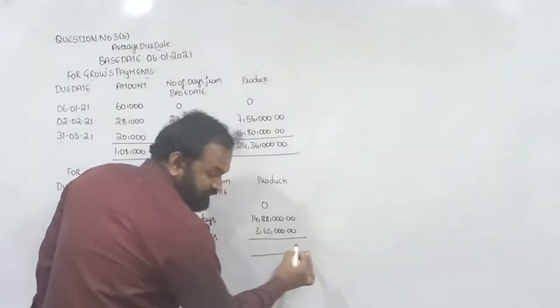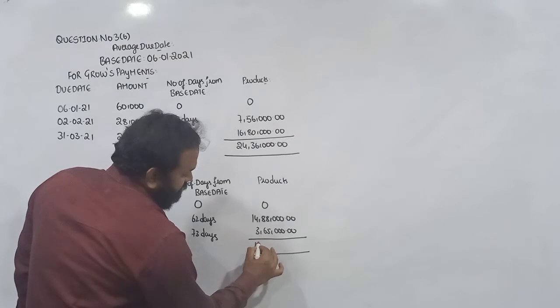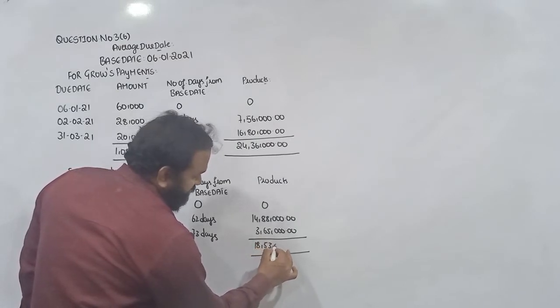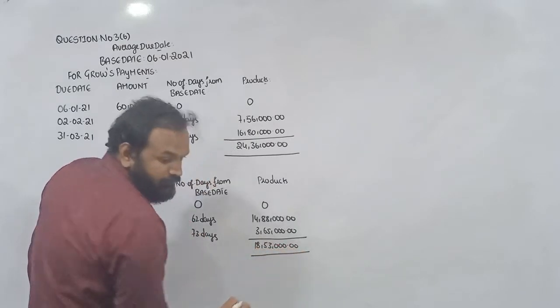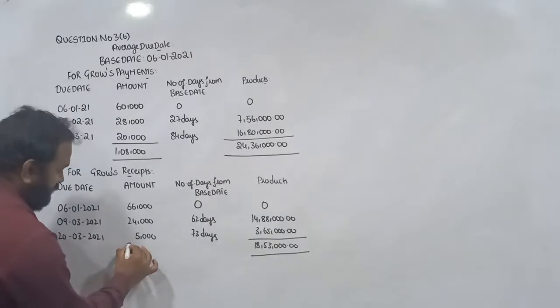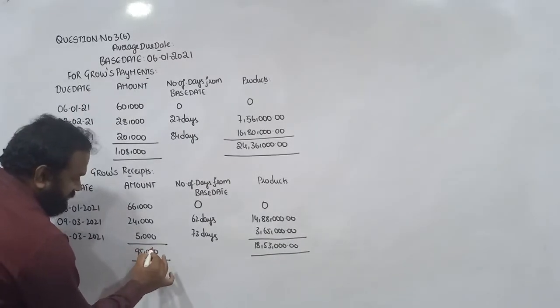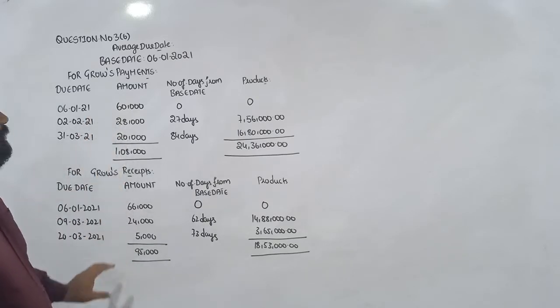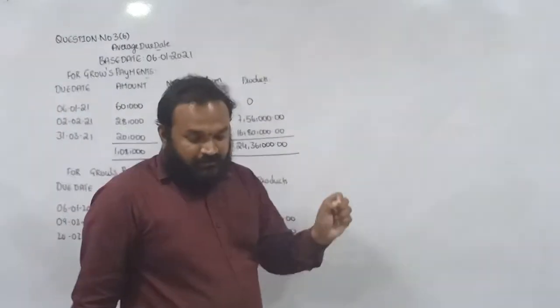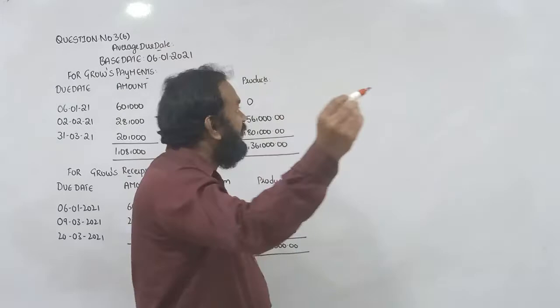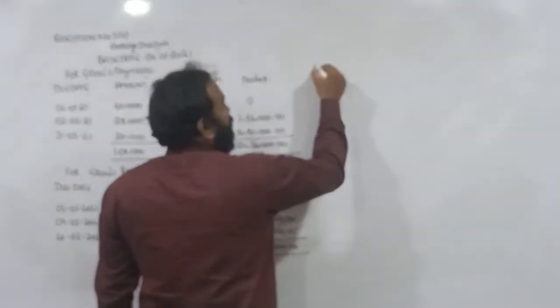And total 18,53,000. And total here 95,000. Now based on this, you have to compute average due date.